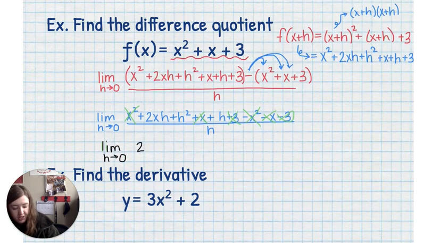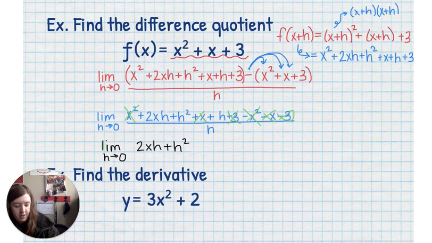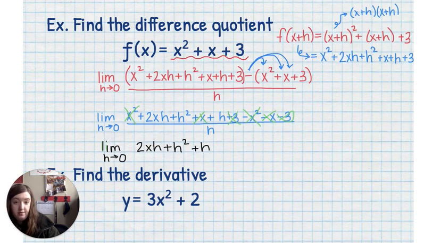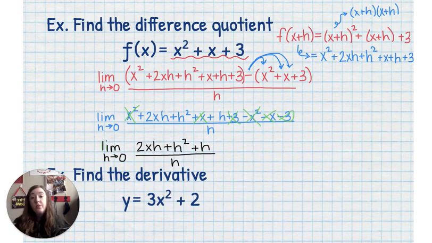So we have 2xh up on top plus h squared plus h. And all of that is over h. So remember, I told you at this point, everything on top should have an h in it. And it does. So we're good.